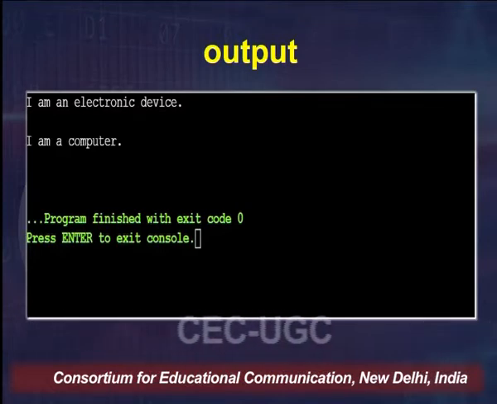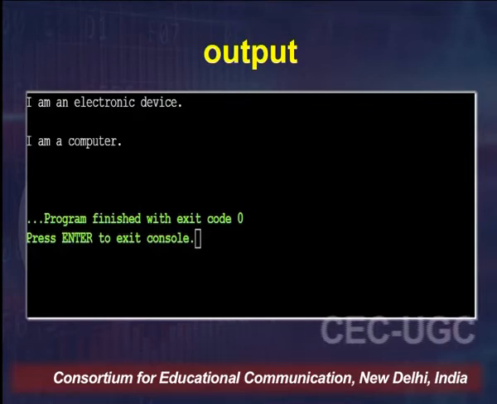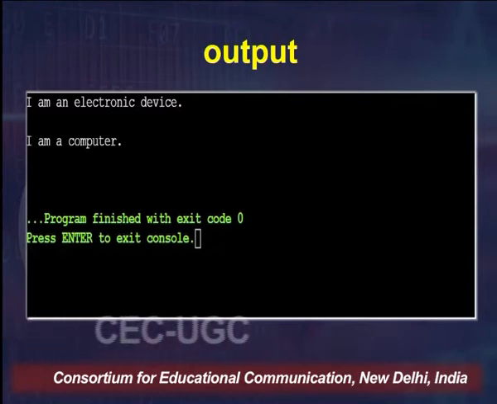So that essentially means that first it is calling the constructor of the base class, and then it is calling the constructor of its own, which is the derived class.